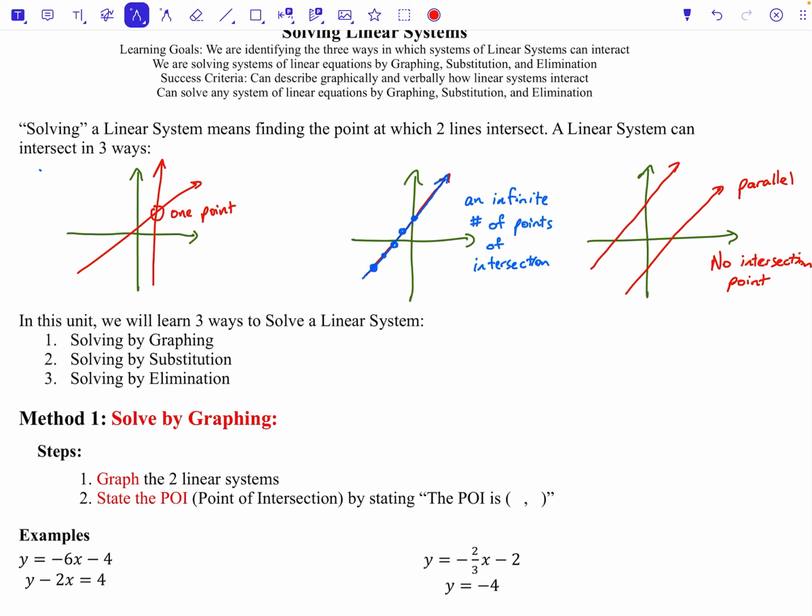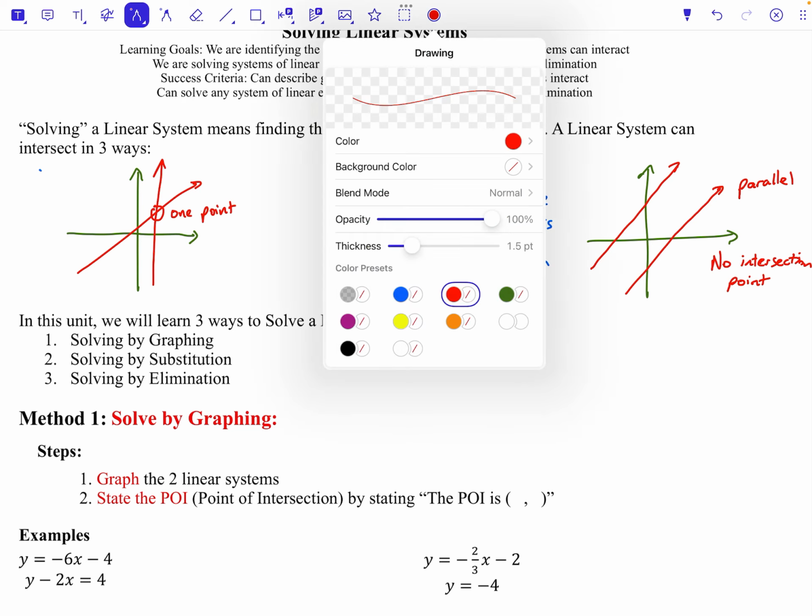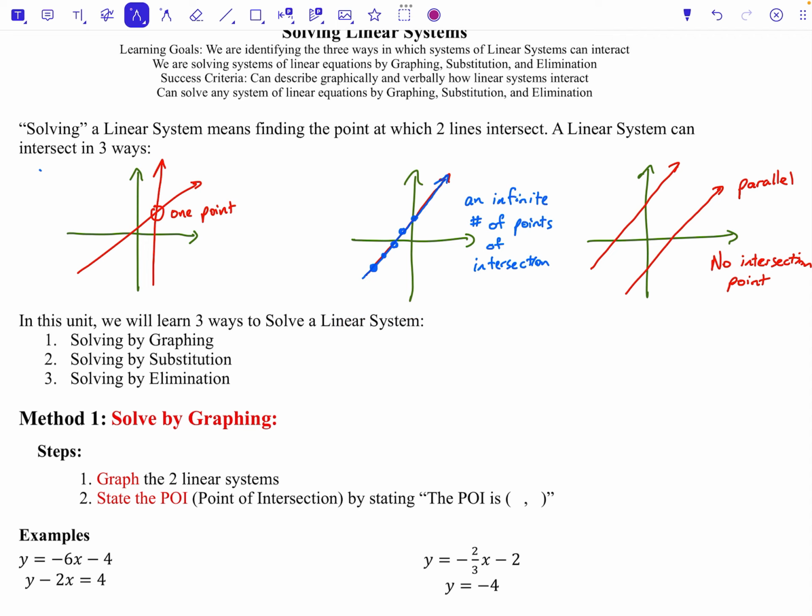Okay, so we have our 3 ways that they could intersect, and one of which really is not intersecting. So one point, an infinite number of points of intersection, or they simply could be 2 parallel lines that will never meet. Adding a little note onto some of these, the parallel lines would have the same slope.